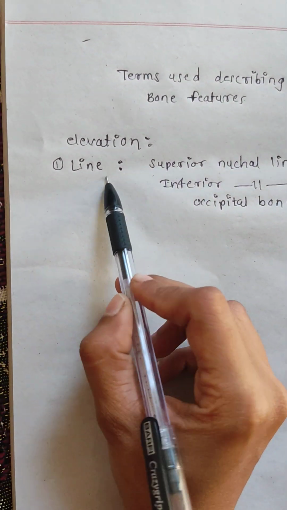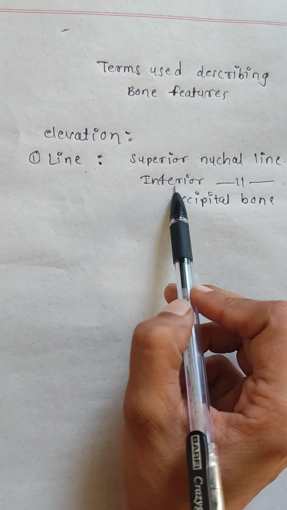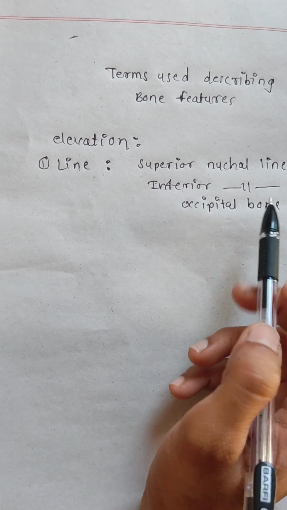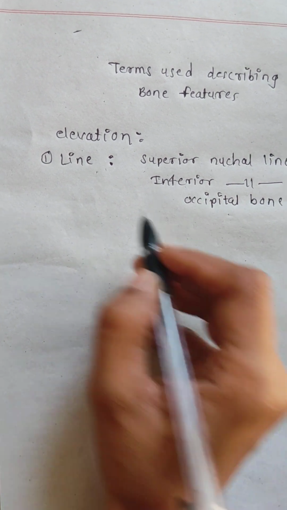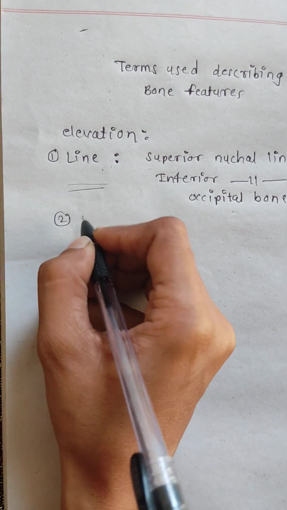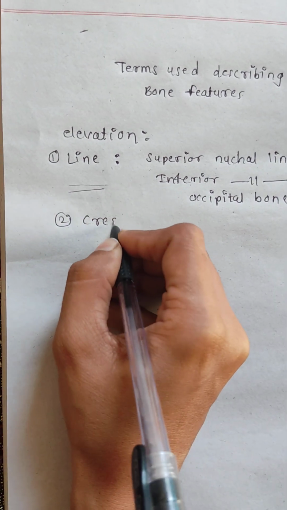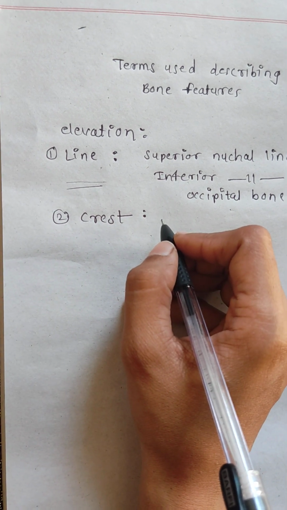So in this, the first is the line structure, which is present as the superior and inferior nuchal lines on the occipital bone. So there is an elevation in the form of a line. And the second type of elevation is the crest. The crest is also one type of elevation.